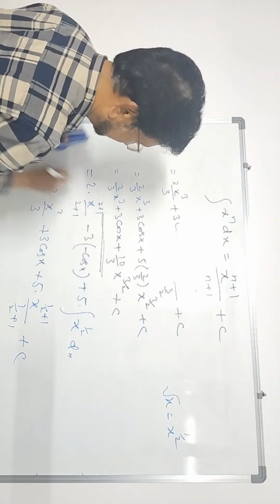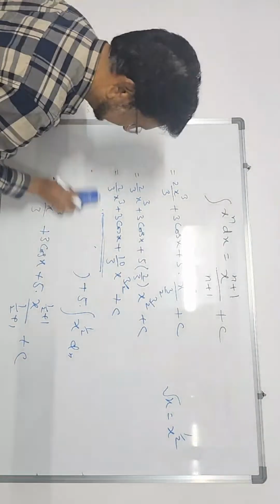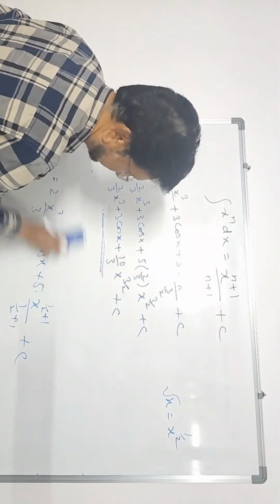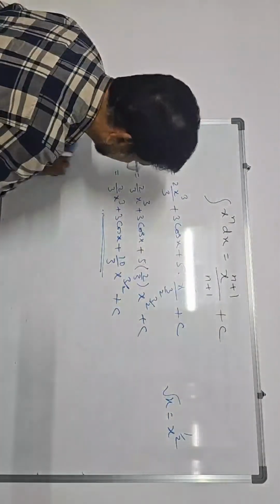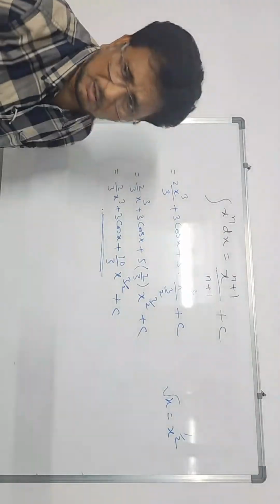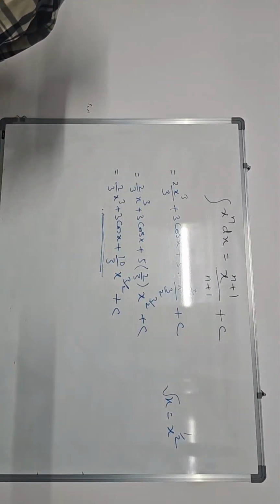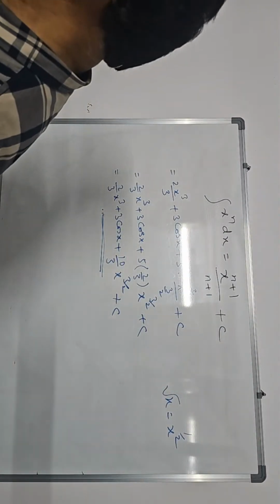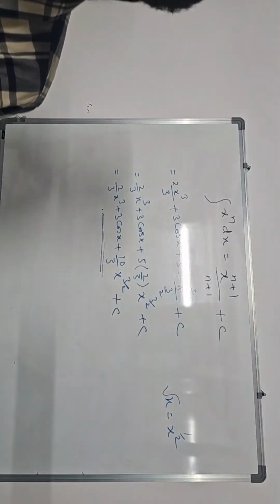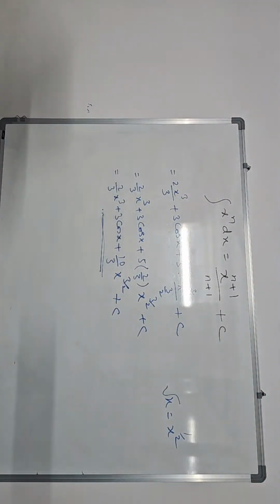This is the final answer. See, in 2 marks you will get this type of question. 2 marks only, very short answer questions. If something is complicated, you will get it in 4 marks.